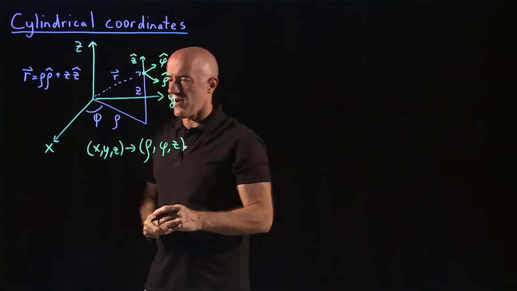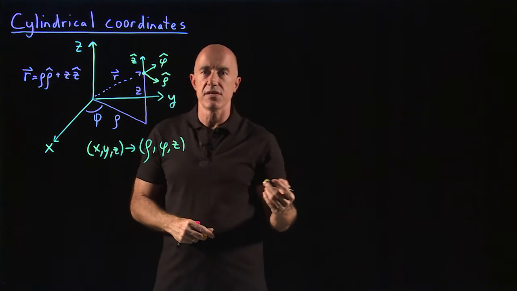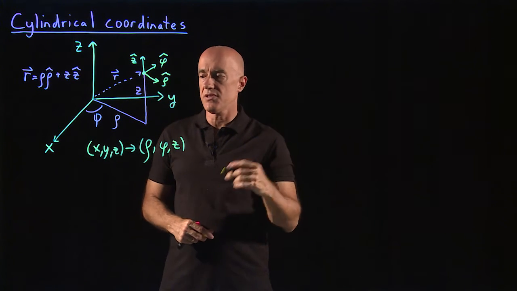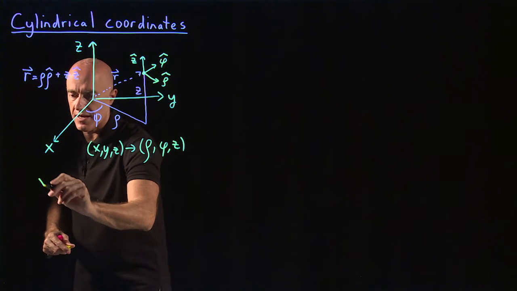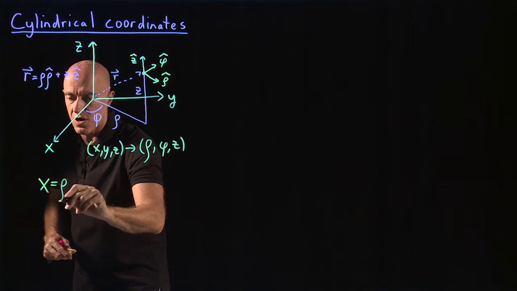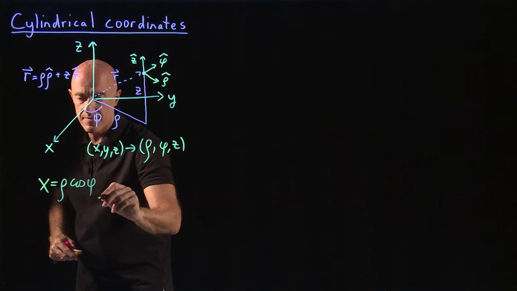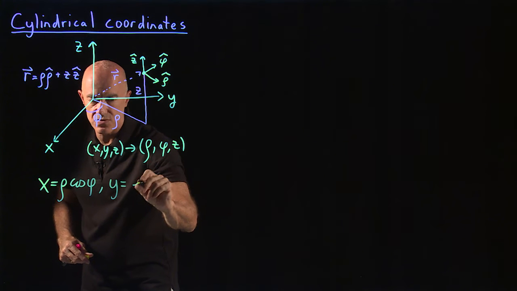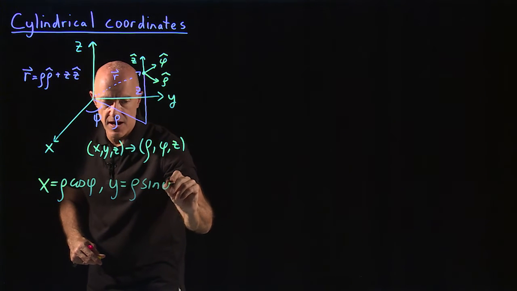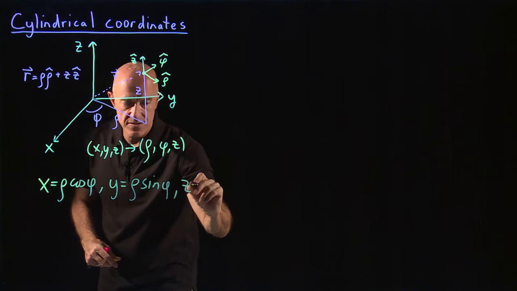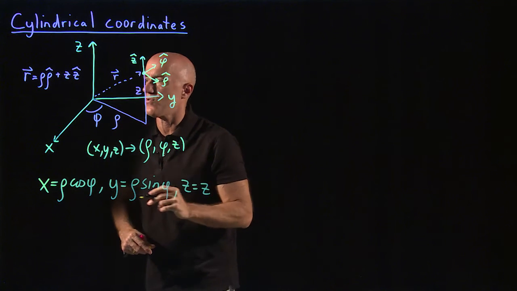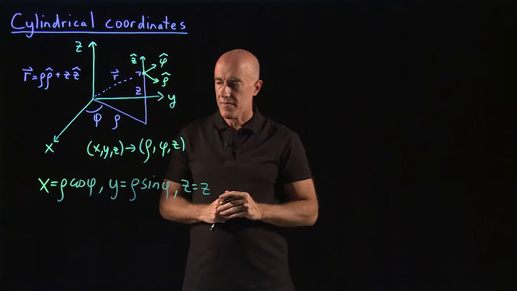So the change of variables formula from Cartesian coordinates to cylindrical coordinates is x equals rho cosine phi, y equals rho sine phi, and z still is the Cartesian coordinate z.